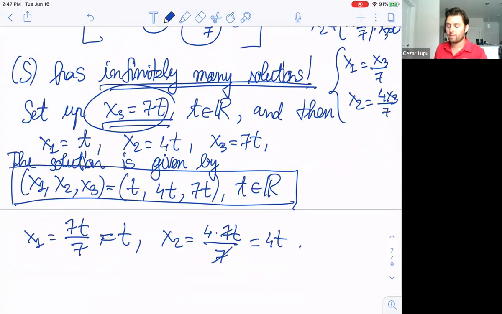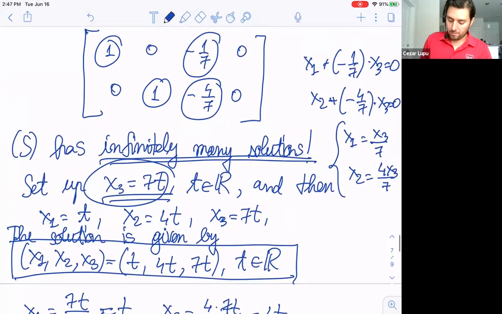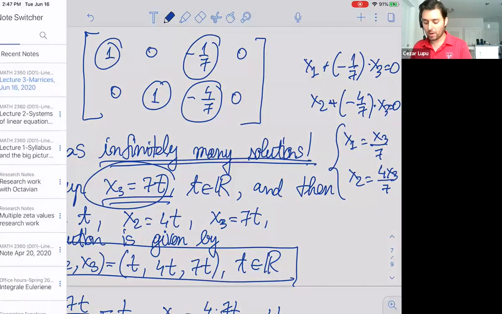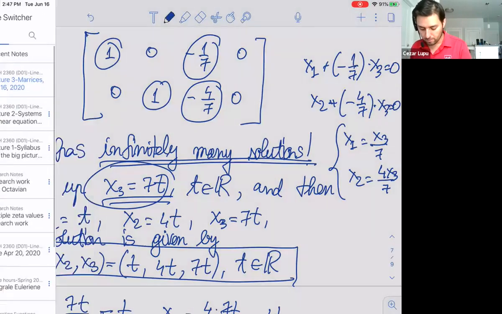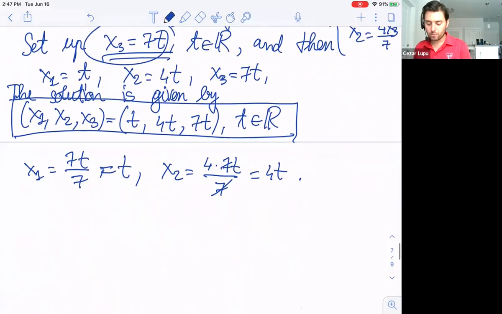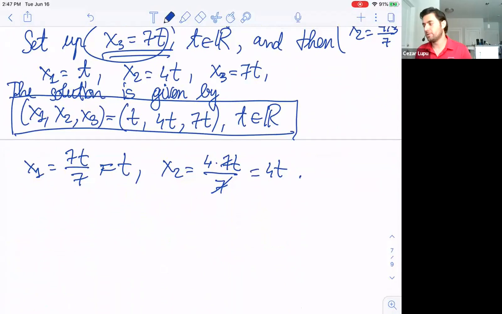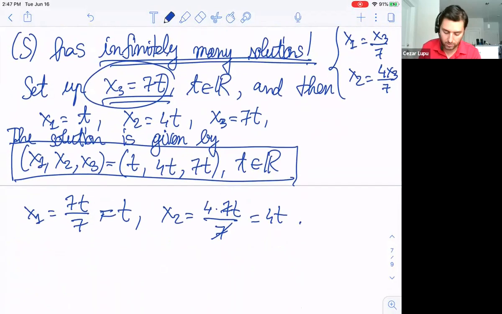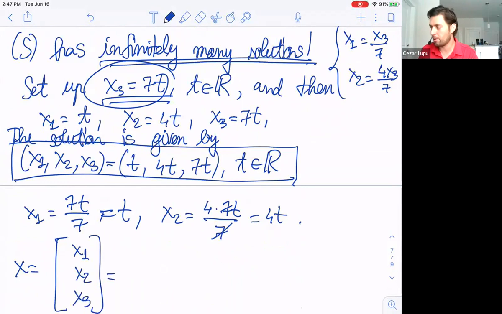Okay, perfect. Just for a refresher, I would suggest you go back to the previous lecture. Now this has infinitely many solutions, and let's write them in column form, because I believe you have something similar in the online homework.